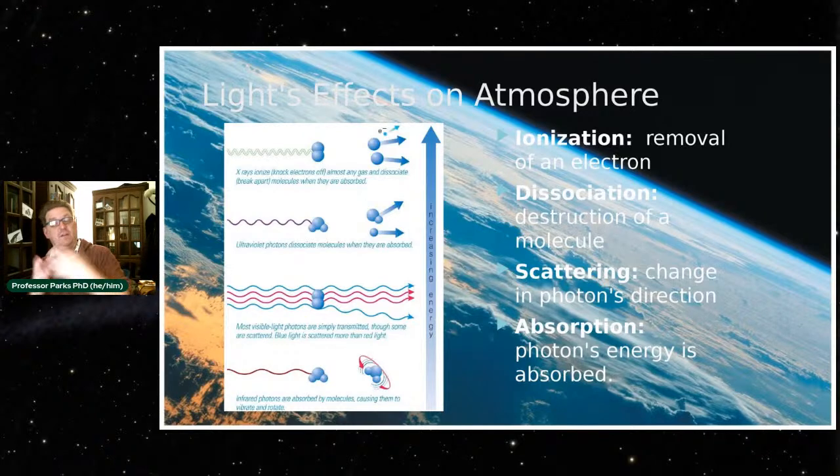Visible light with a certain amount of energy is going to hit or come near the atom, and it's going to scatter around it or get refracted. The refraction is wavelength dependent. Bluer light is going to get refracted more than red light does.